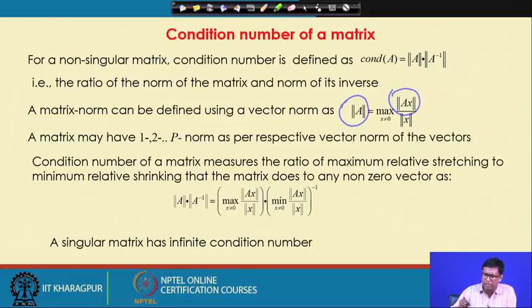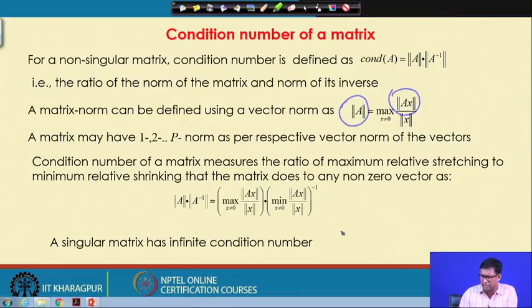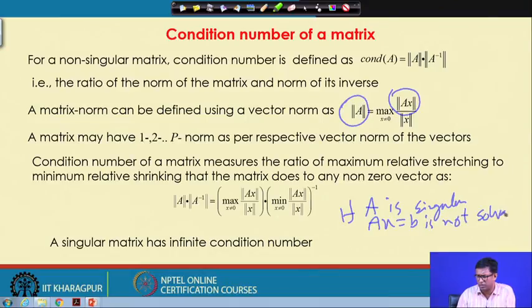Interestingly, we can say if A is singular, Ax is equal to b is not solvable. So, if a matrix has infinite condition number, Ax is equal to b is not solvable.